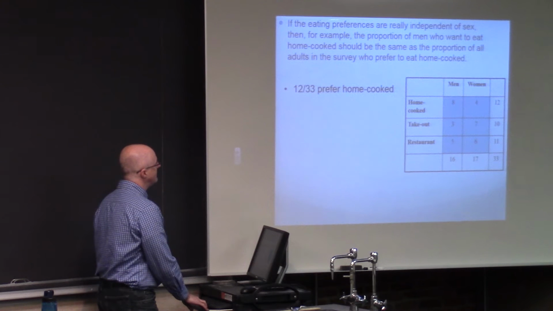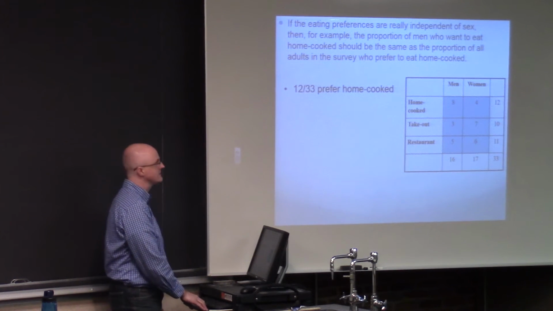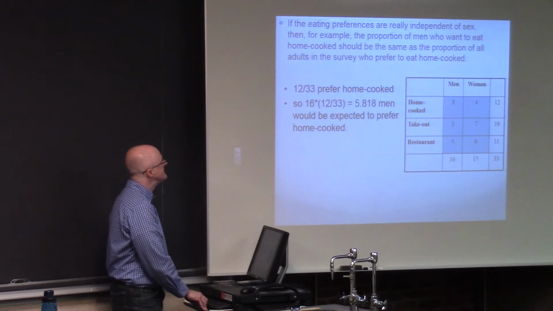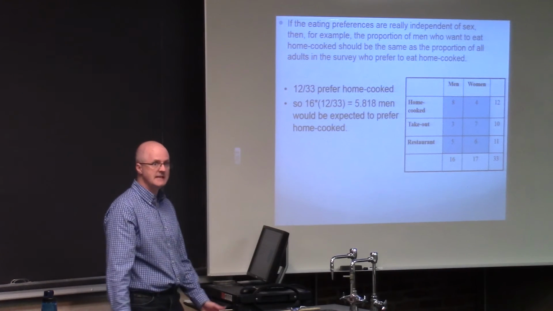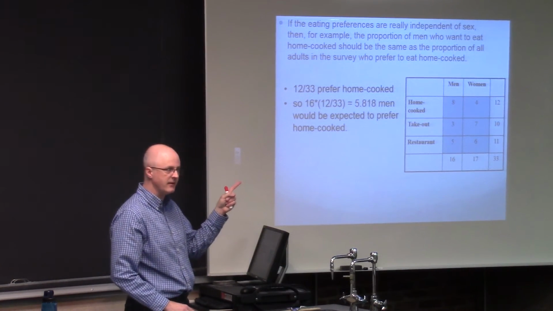Again, overall, 12 out of 33 prefer home-cooked. Again, that would be a little bit more than 1/3. So, since there's 16 men, look at this calculation here. You might want to double check it with your calculator.